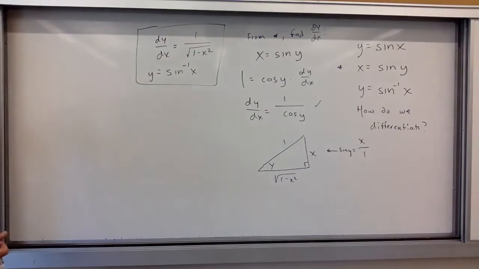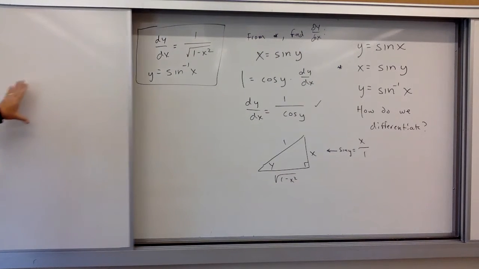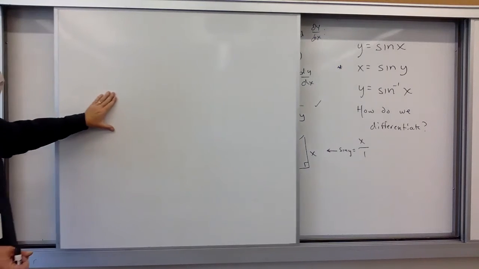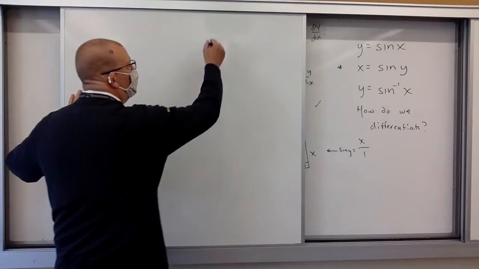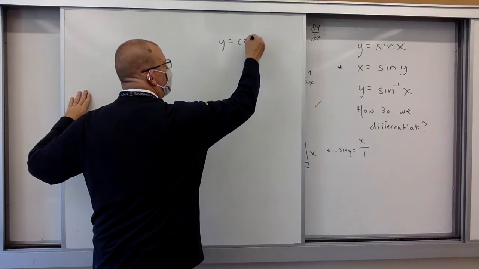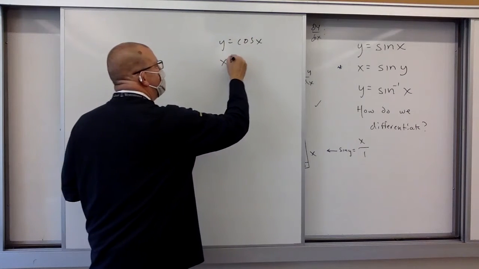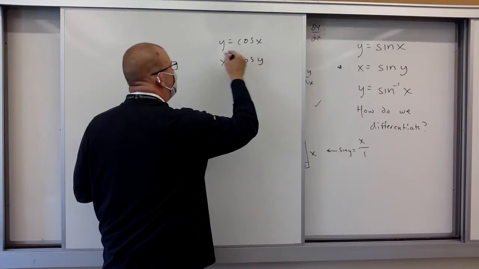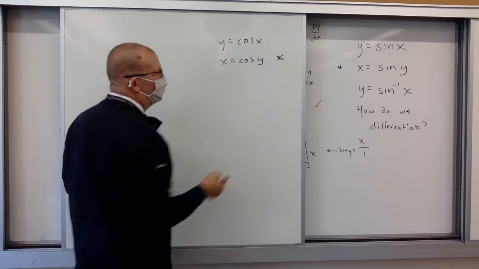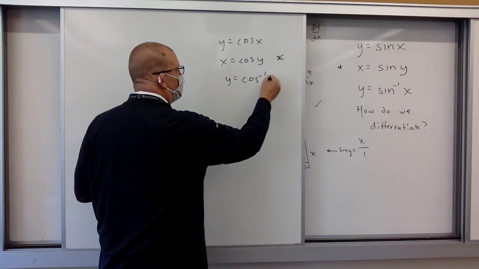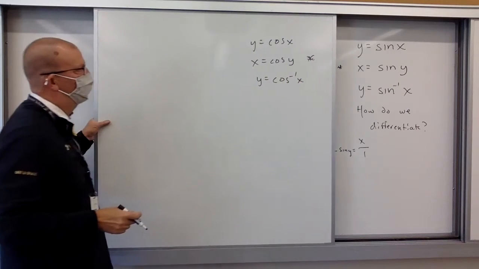Okay. Let's follow that same method for cosine. All right, now I'm going to pull this board over. Now let's see if we can do cosine. So let's start with y equals cosine x. Change that to x equals cosine y. There's our asterisk step, which gives me y equals the inverse cos of x. So this is what I'm looking to differentiate.